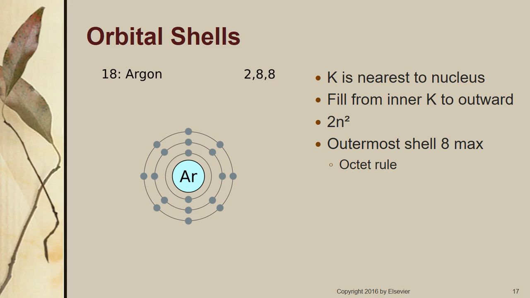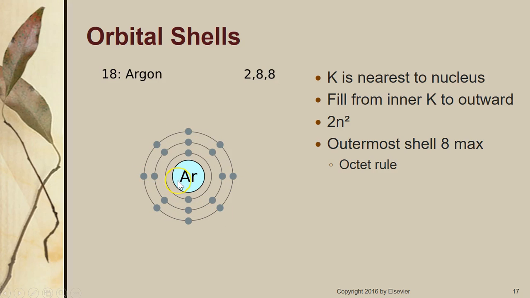So if an atom has 3 electrons, 2 are going to be in the K, then 1 in the L. An easy way to determine the maximum number of electrons that will fit in a shell is the formula 2n squared. The K shell's number is 1, L is 2, M is 3, and so on. So 1 squared times 2 is 2. But the L shell is 2 squared times 2, so that'd be 8. So it just goes on from there.